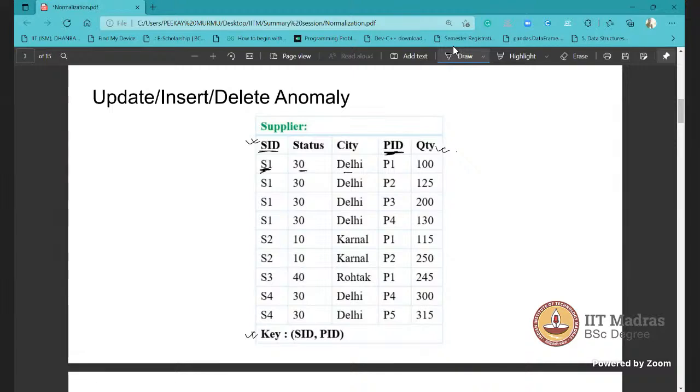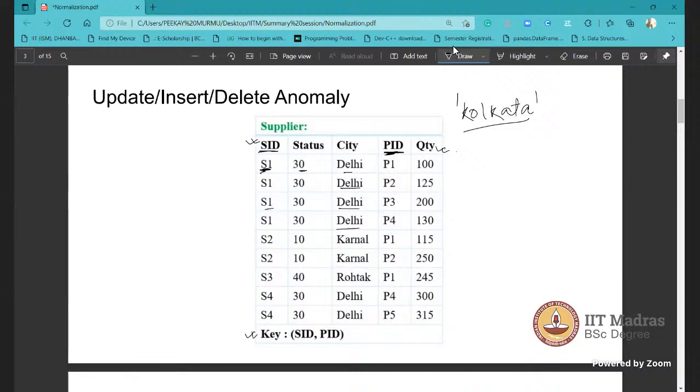So what is the update anomaly? Suppose S1 moves from Delhi to, suppose, Kolkata. You have to update Delhi to Kolkata in every instance where S1 is there.